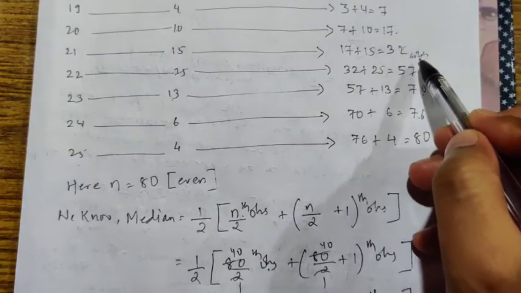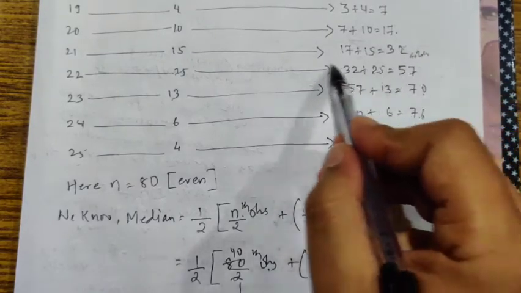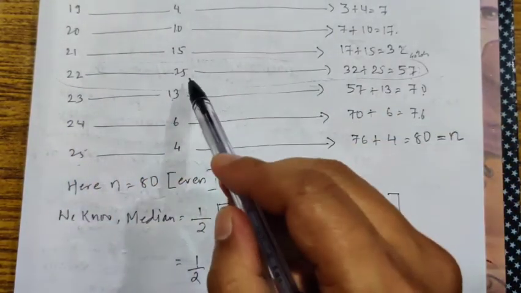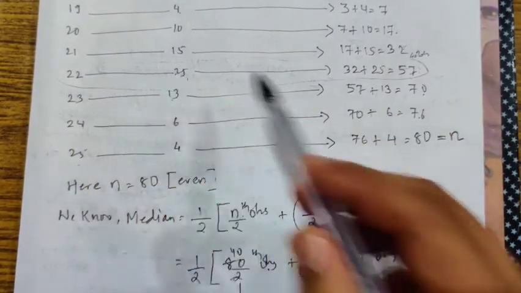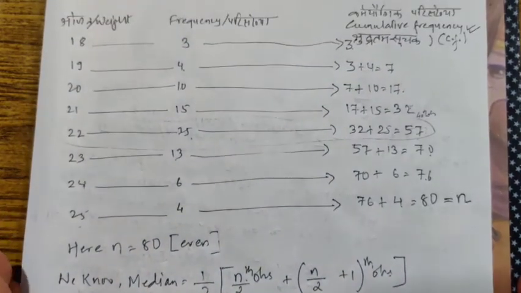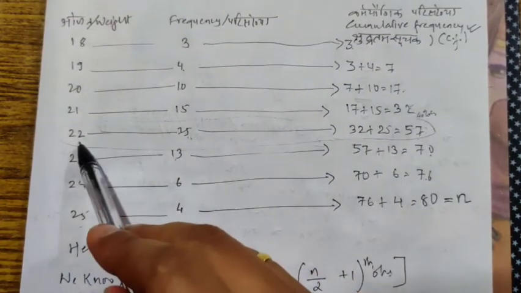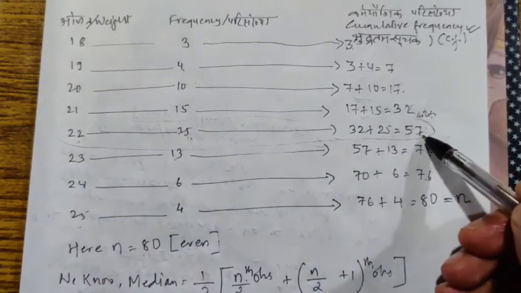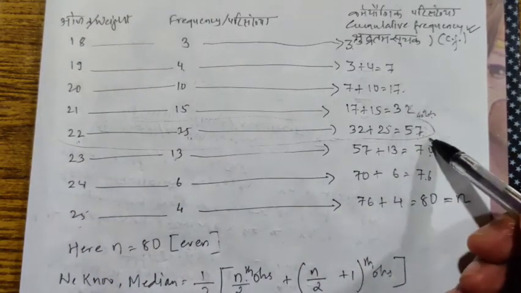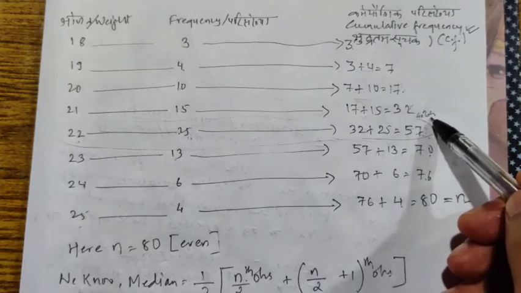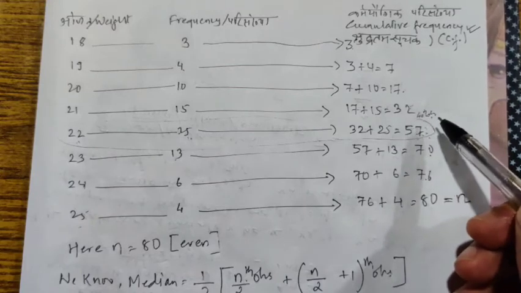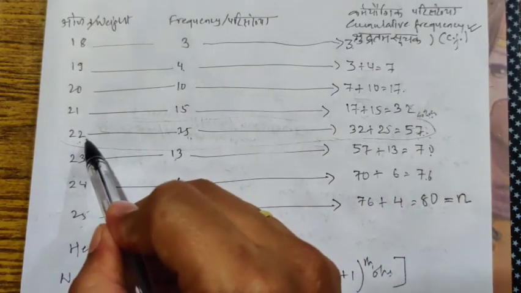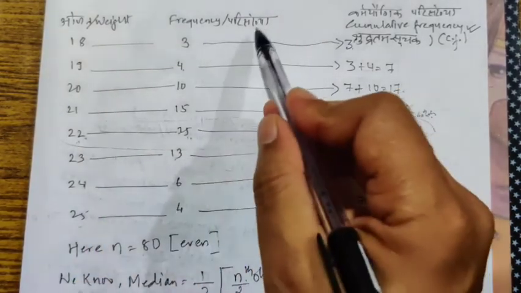So if this is the 40th observation, then this is what we need to focus on, and not on frequency. So what's the value of the 40th observation? You have to follow this, not the down one, this one. Your 40th observation value is from the weight, not from the frequency.